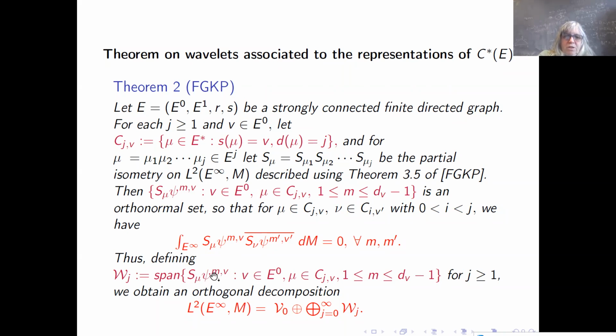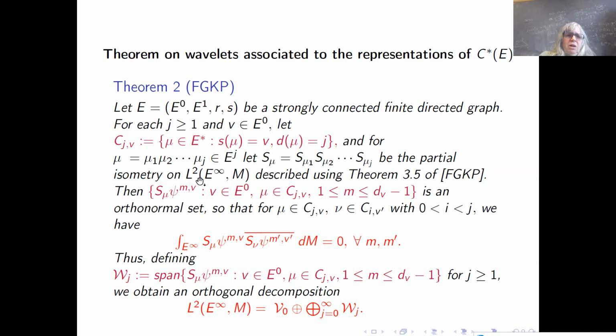You move the wavelets by the partial isometries, and if j is greater than or equal to 1, you get things that are orthogonal to V0 and to W0, and they're orthogonal to each other for j1 not equal to j2, and they span the entire space L2 of E infinity.